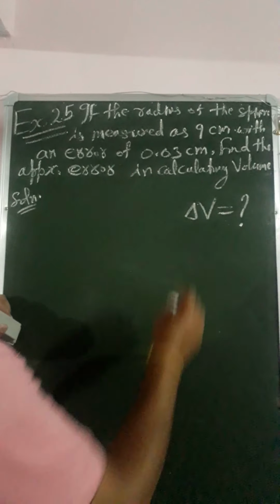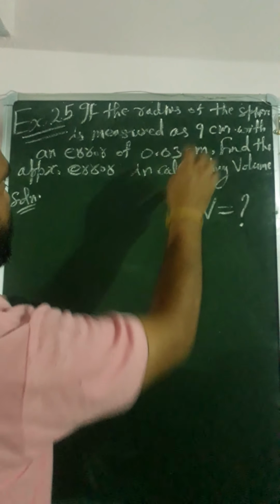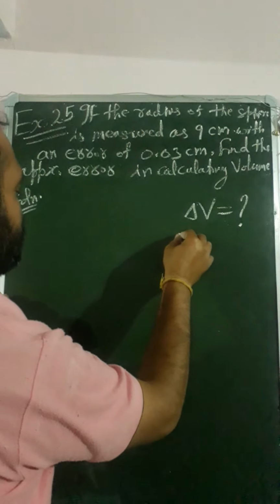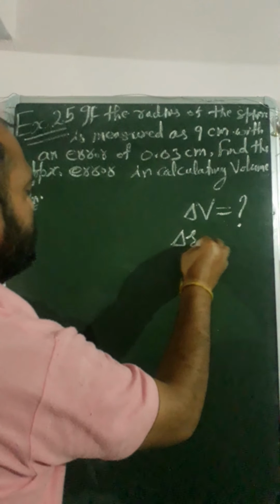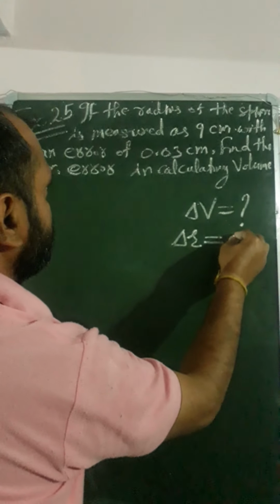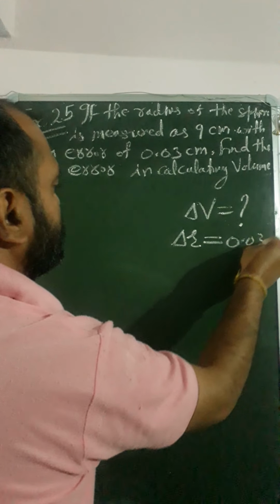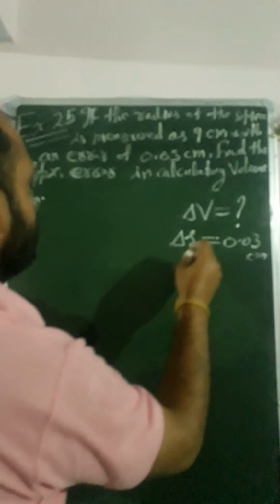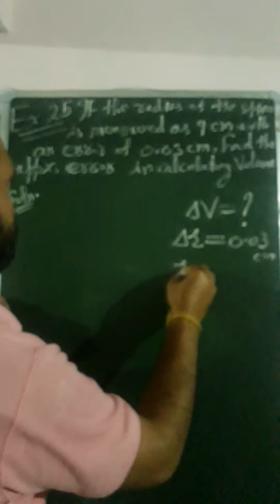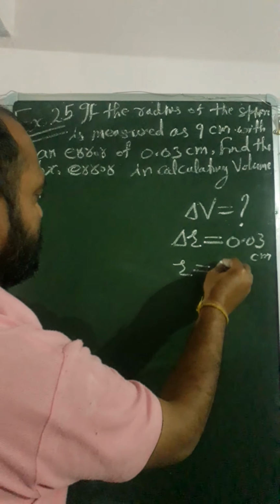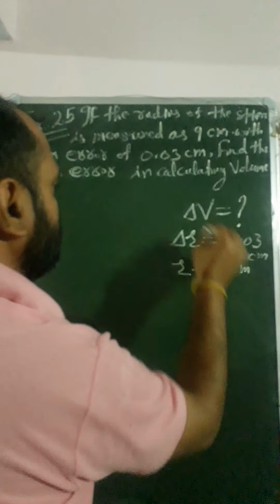Means you have to find delta V here, right? And what is given? Delta r is given, that is 0.03 centimeter. And one more thing is given, that is its radius is 9 centimeter. So this is given.